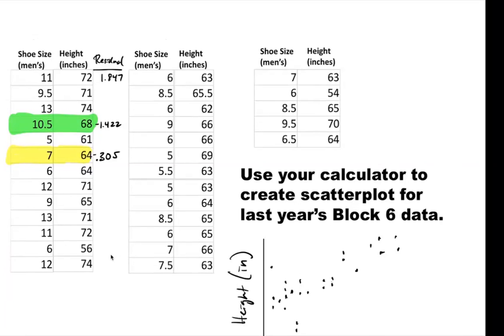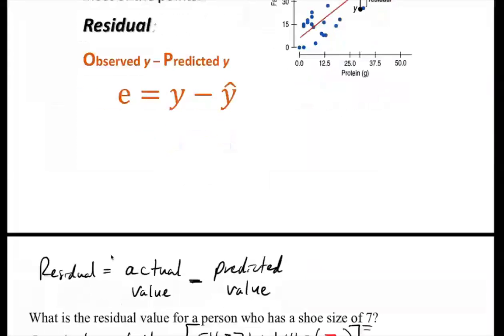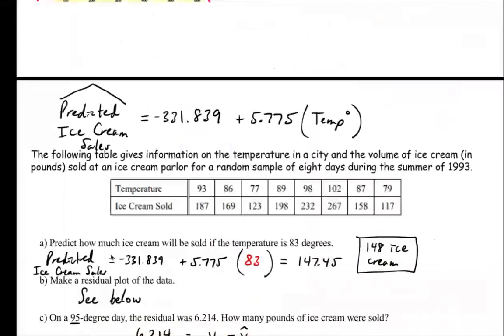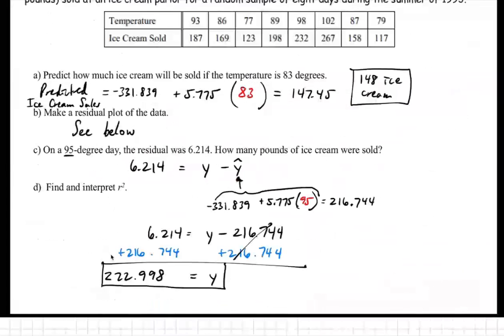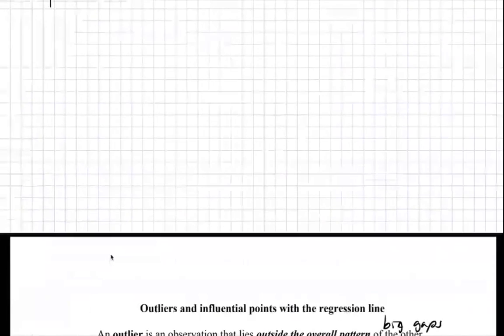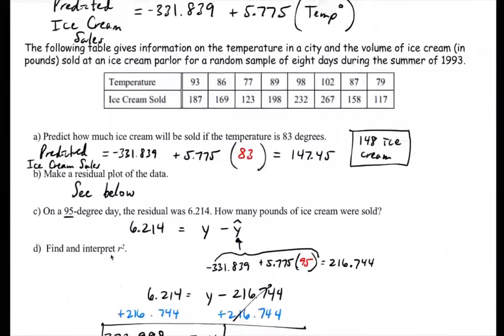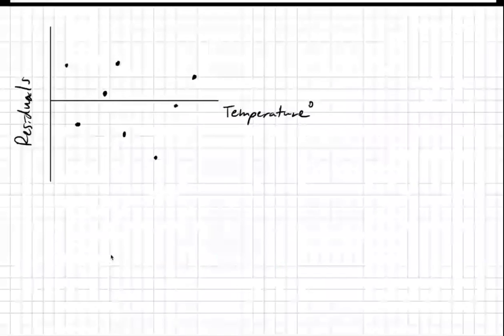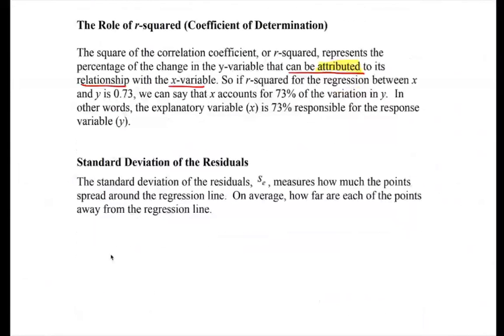Okay, let's look at another one. Is that the only one we have? Oh, here we go. Do I not have these numbers? We didn't calculate R. We skipped R squared. Yep, we're going to do it today. Okay, so let's look at the numbers from yesterday.